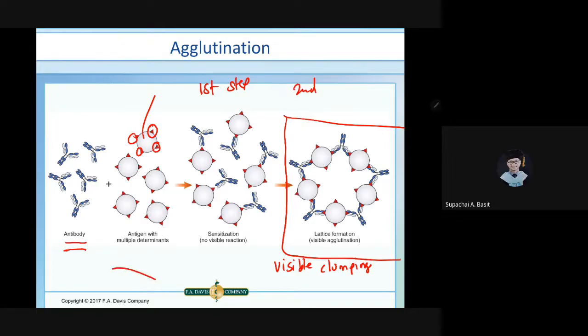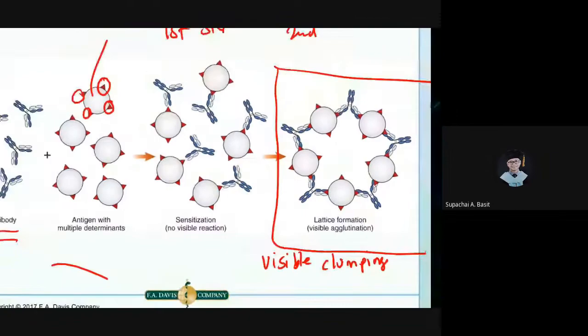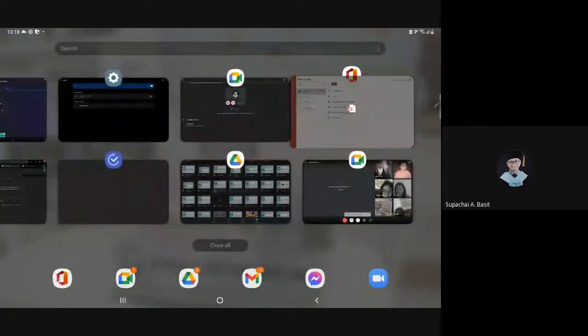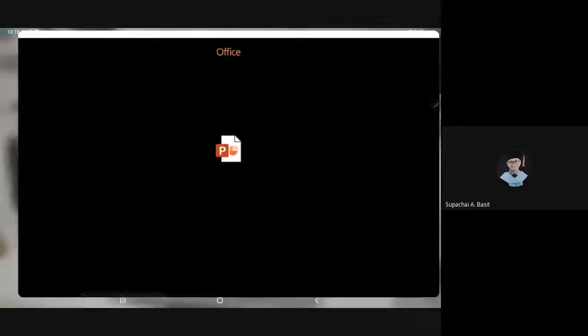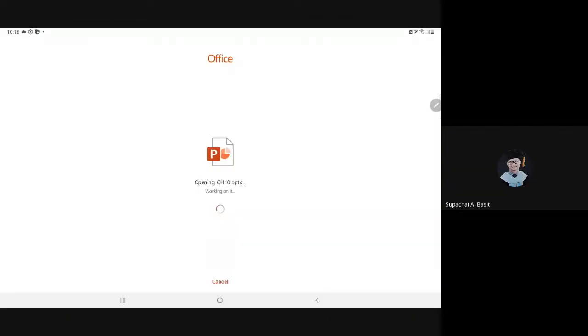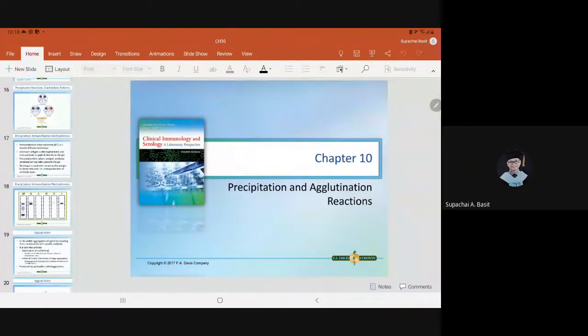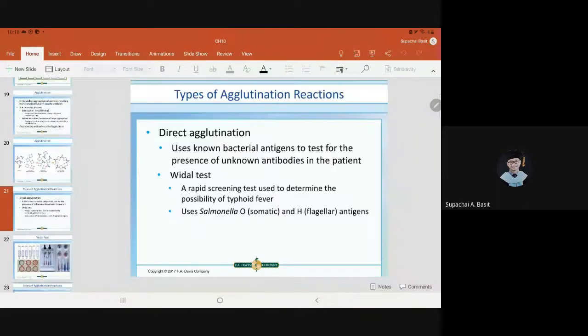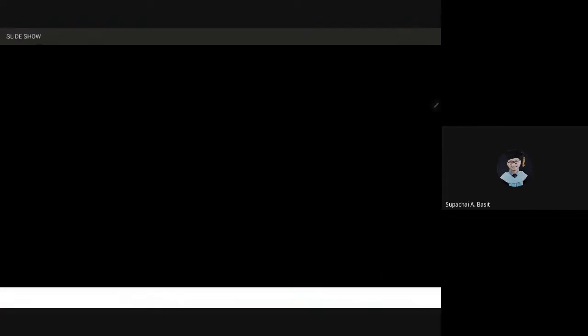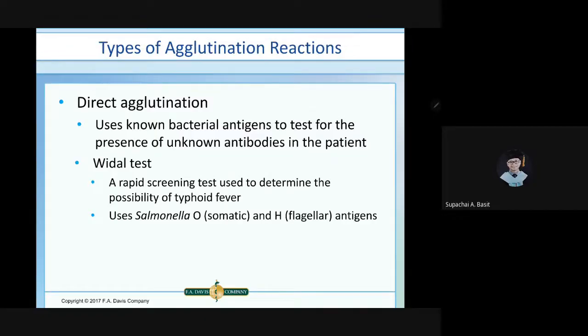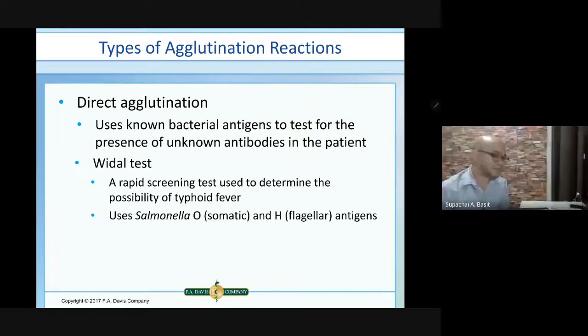There are several types of agglutination reaction. Okay. One example is called direct agglutination. So direct agglutination would be of two types.